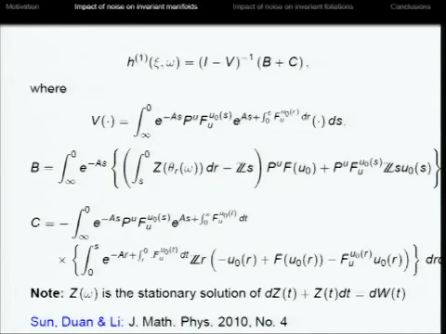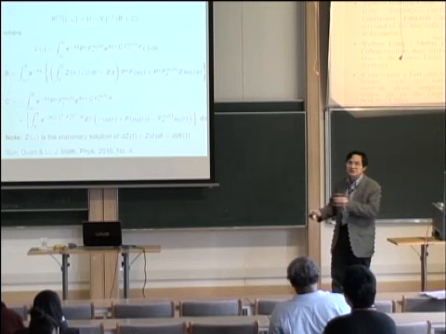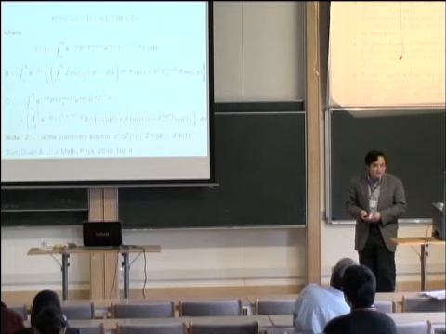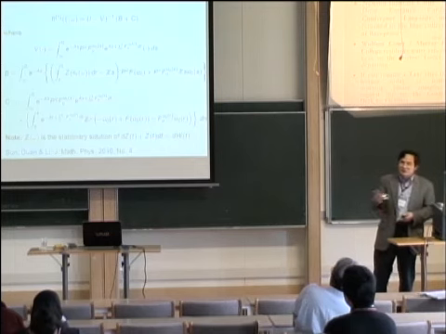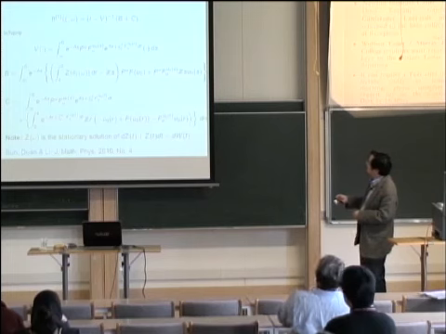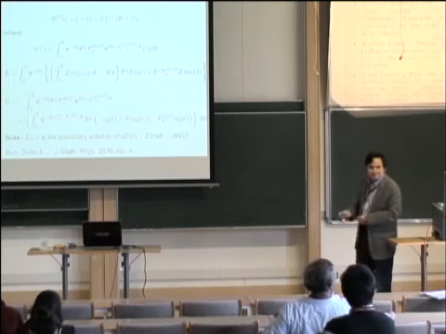This is a Fréchet derivative evaluated at U0. What is U0? U0 is the deterministic solution. It's the solution for the deterministic PDE when noise is gone. So that one is also known, from a stochastic point of view, because I want to see the impact of noise. So assume you have a deterministic object there. Okay, so U0 is known. Is U0 defined for all time?